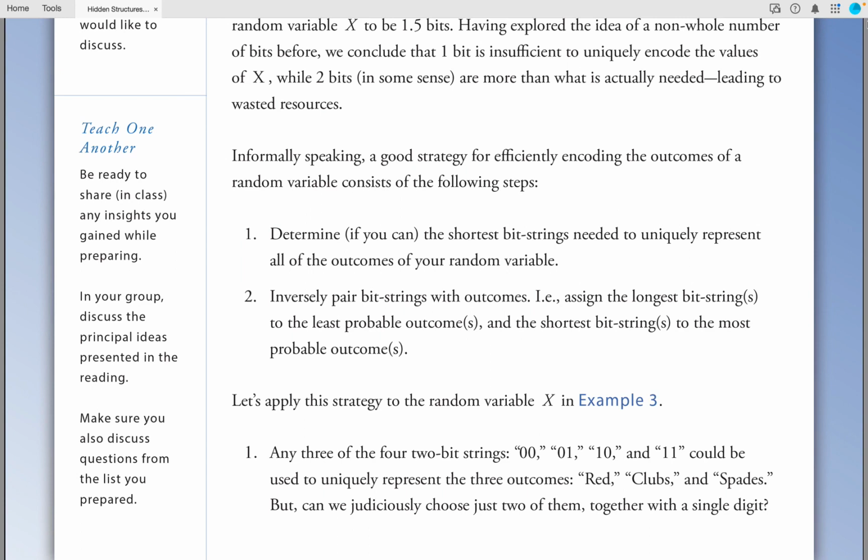1. Any 3 of the 4 2-bit strings 00, 01, 10, and 11 could be used to uniquely represent the 3 outcomes red, clubs, and spades. But can we judiciously choose just 2 of them together with a single digit?